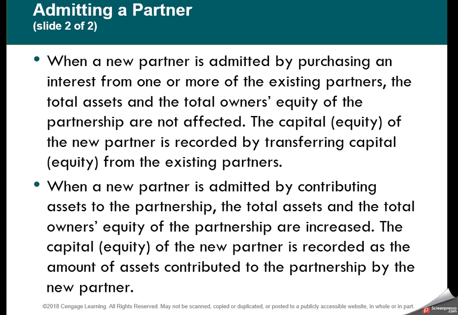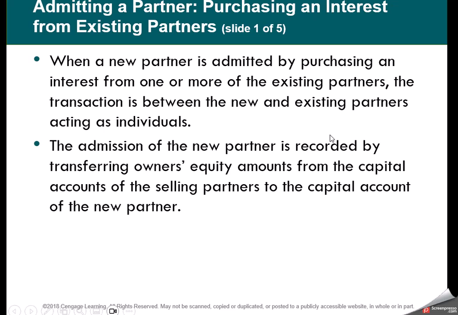So we're just going to switch it from one person's name to the other partner's name. If the new partner is just being added and the other partners are staying, then they're going to contribute some sort of assets into the partnership, and then we're going to create a new equity account for them.